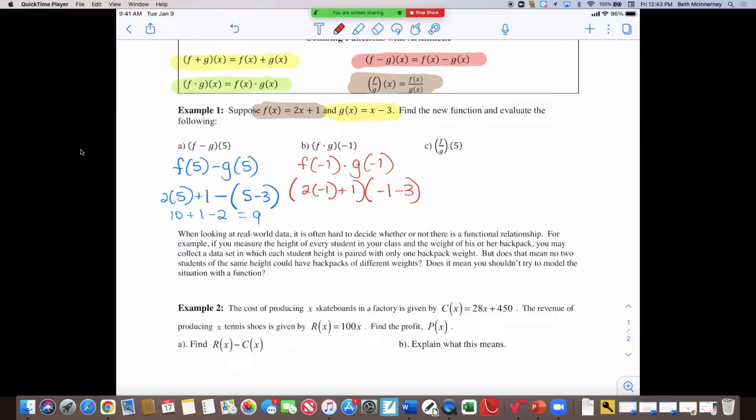You see this is f of x is 2x plus 1. You're replacing the x with the negative 1. So that's 2 times negative 1 plus 1. Then g of negative 1 means negative 1 minus 3. Now I have to tidy up those two expressions. So that's negative 2 plus 1 times negative 4. That's negative 1 times negative 4, which is positive 4.